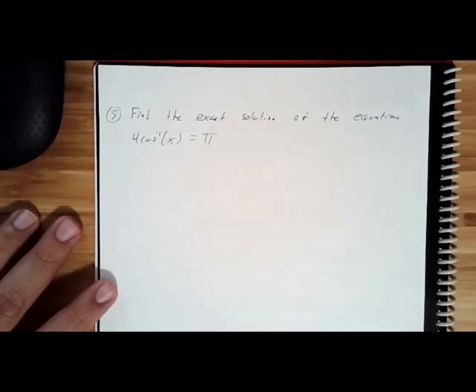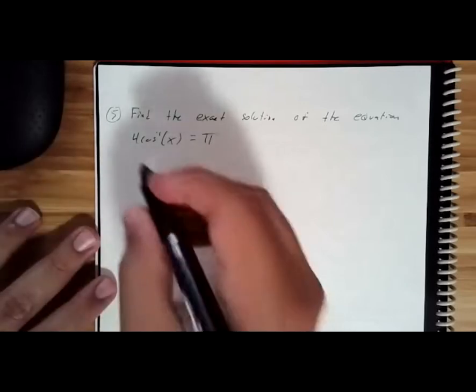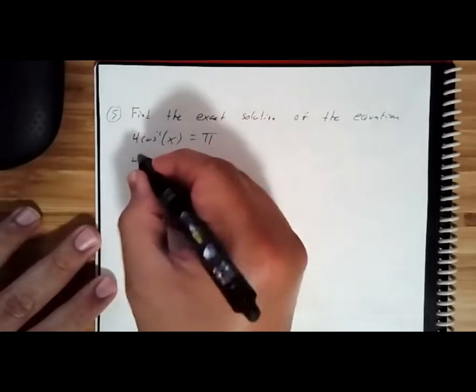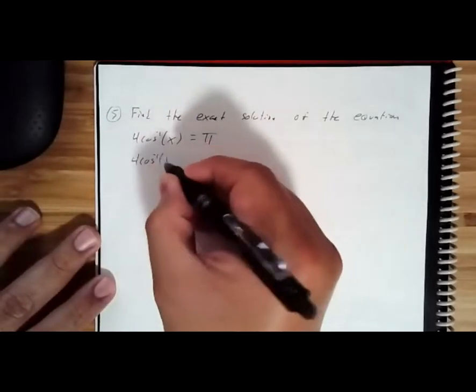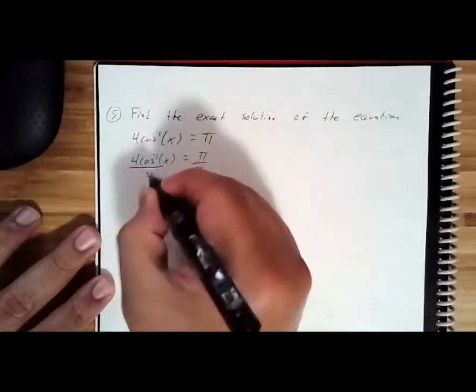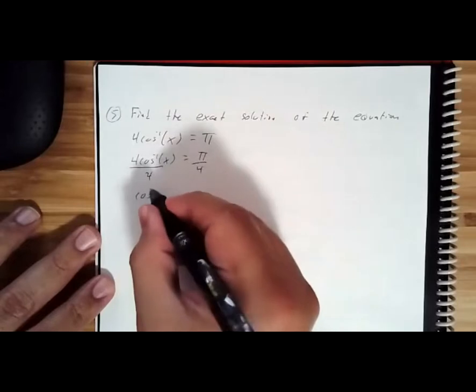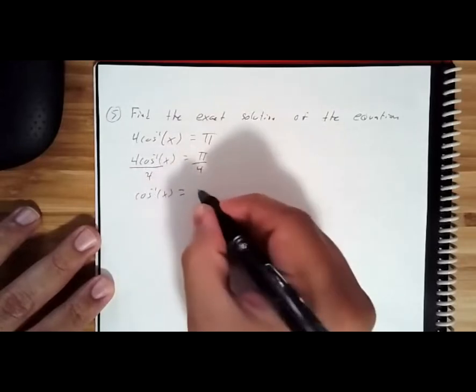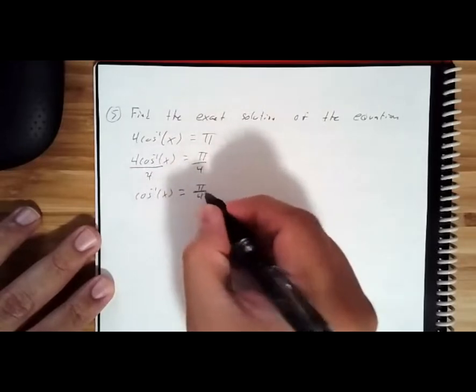Okay, so for this question, I'd say divide by 4 as the first starting point. Cosine inverse of x is equal to pi over 4, right?